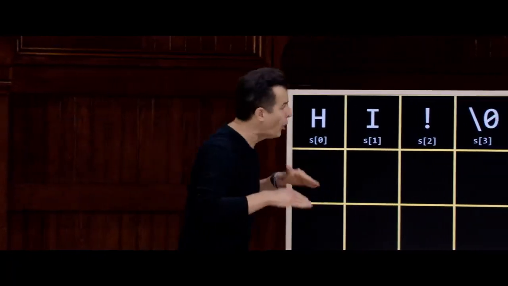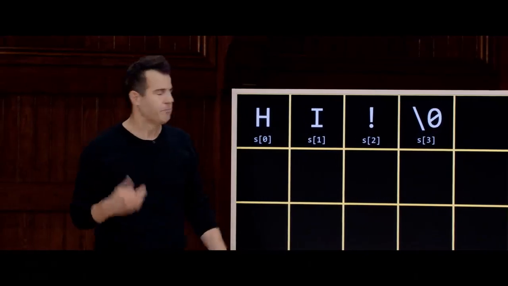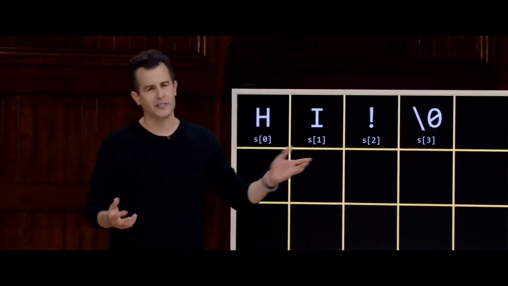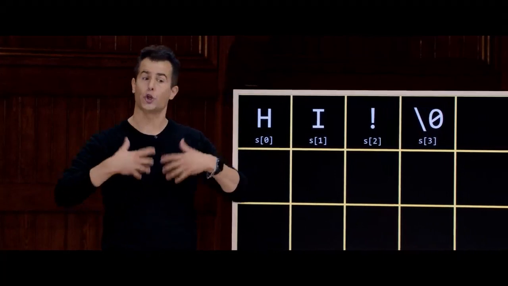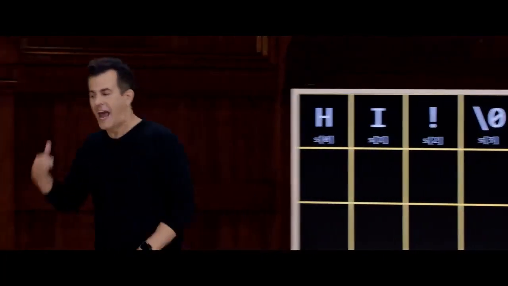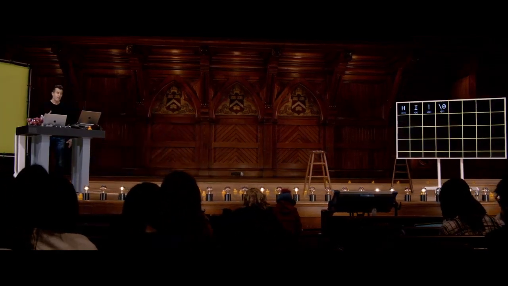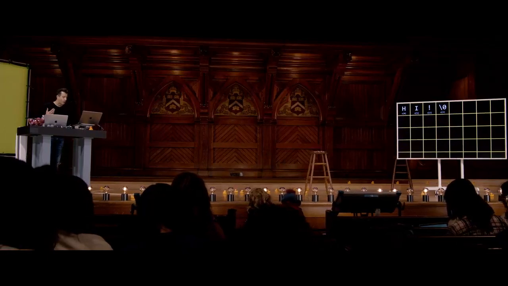Why? Because C automatically adds this special 0 at the end of the string. I've drawn it as \0 because this is how you represent 0 as a char, as a character. But this is literally just 0, as we'll soon see. So anytime there's a string in memory, it always takes up 1 more byte than you, the programmer or human, typed in.